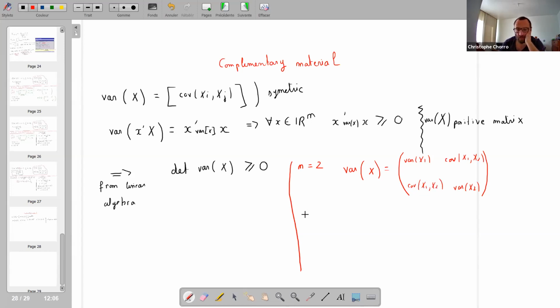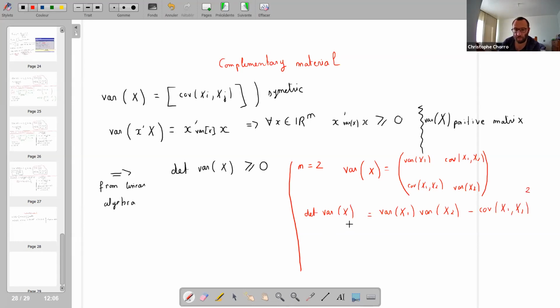Okay, so what is the determinant of var of x in this situation here? This determinant is simply equal to this one times this one minus this one times this one, that is variance of x1, variance of x2 minus the covariance between x1 and x2 square.